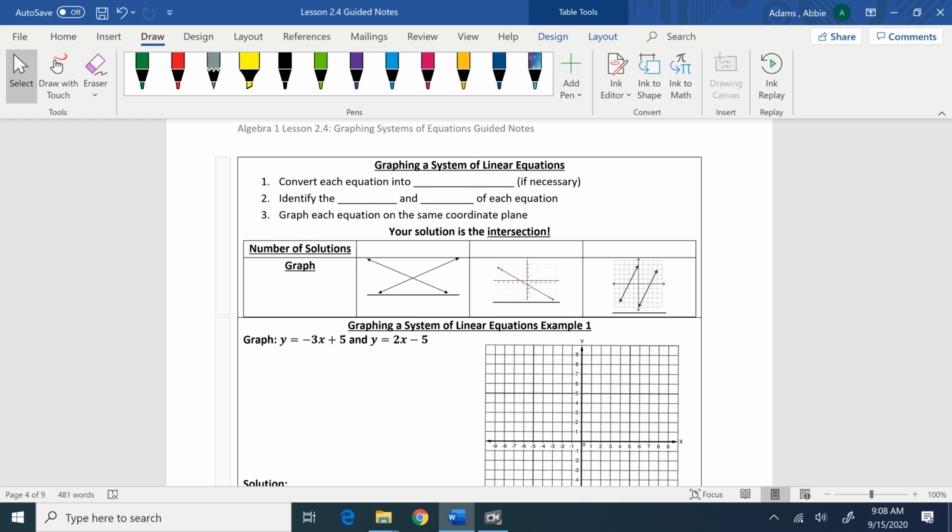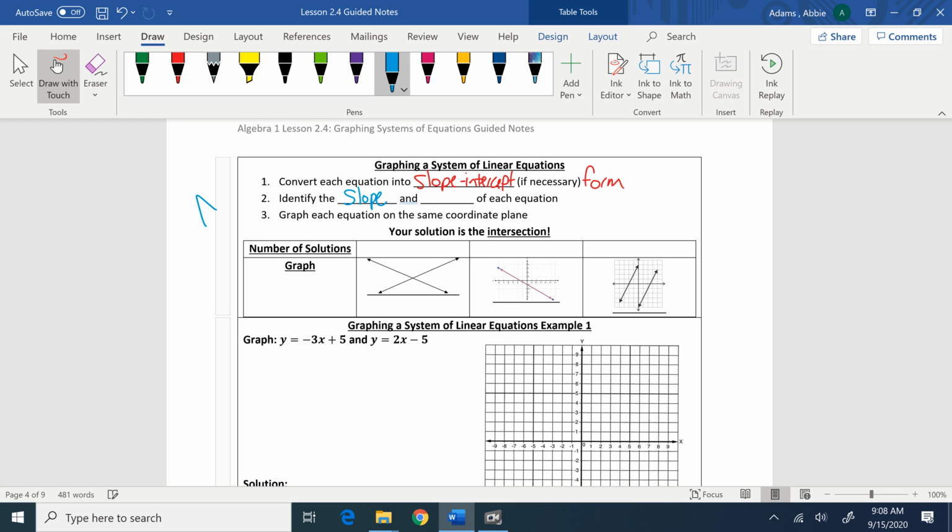In order to do this, we've got a few steps. Our first step is to convert each equation into slope-intercept form, if necessary. They may already be in slope-intercept form. And then from there, we're going to identify the slope.